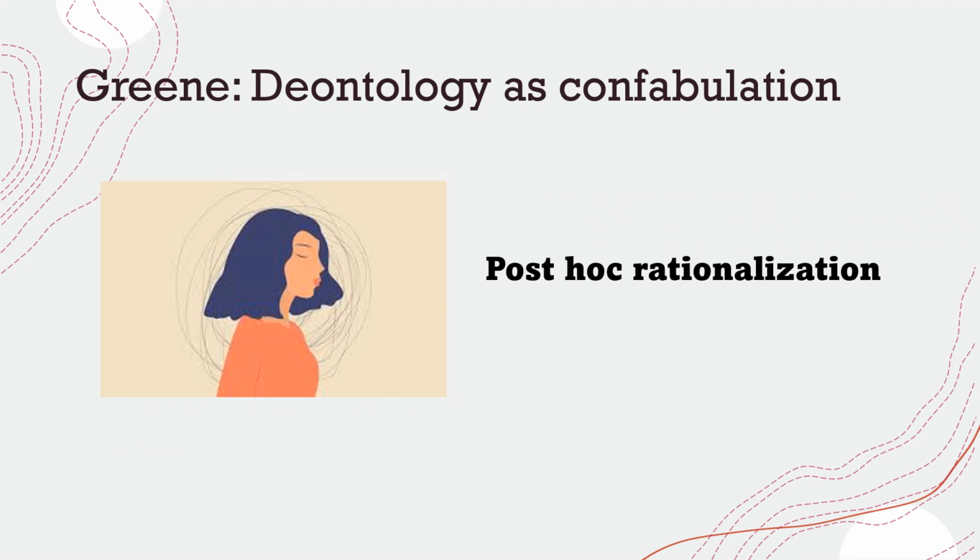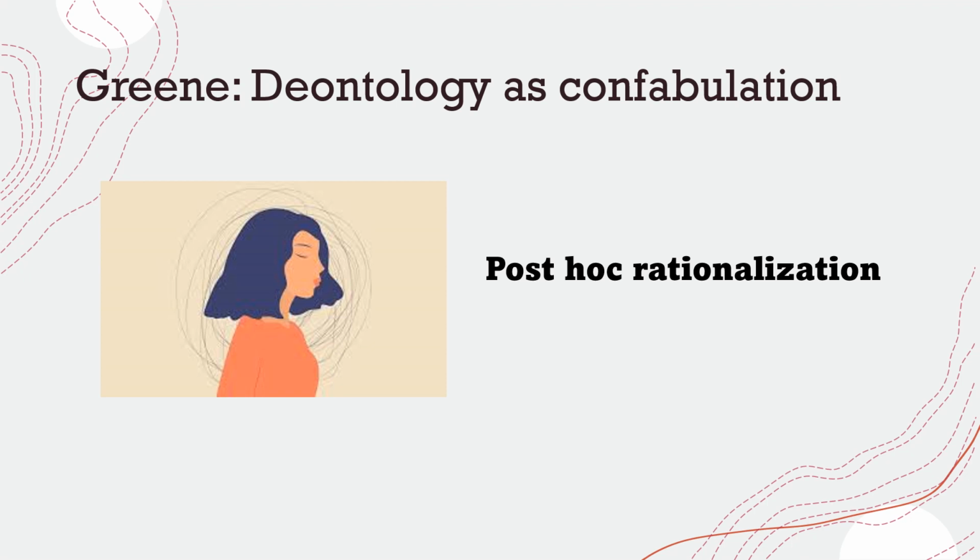So Green's argument is that deontology is basically confabulation. It's making things up. It's post hoc rationalization. We have strong feelings that tell us some things absolutely cannot be done or must be done, right? And so according to Green, what we do is make up a story. There must be rights that people have not to be used or sacrificed, and the rights or duties are therefore post hoc rationalizations of affective processes.